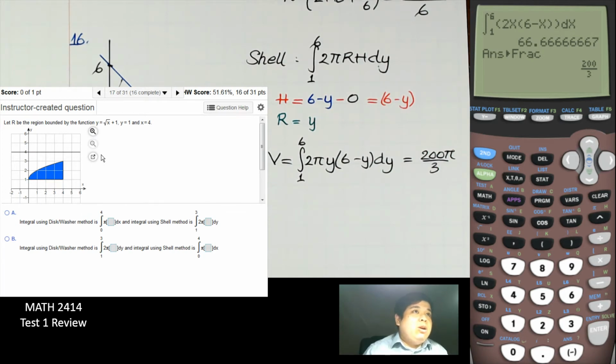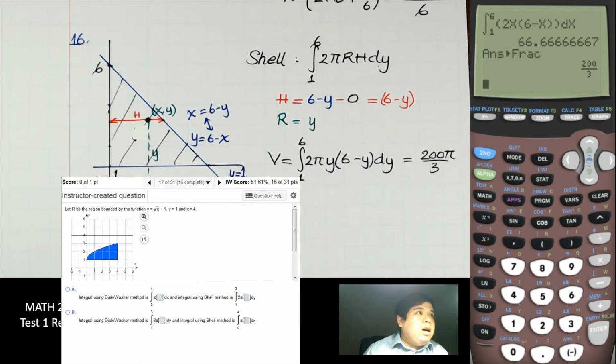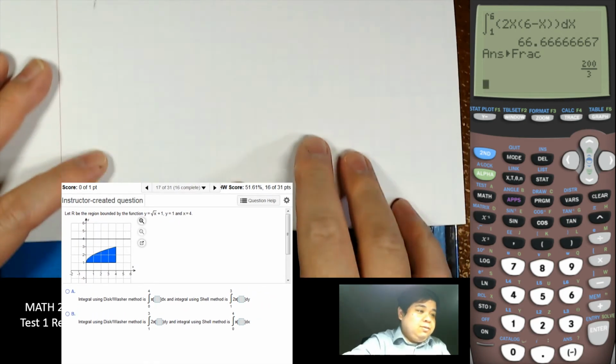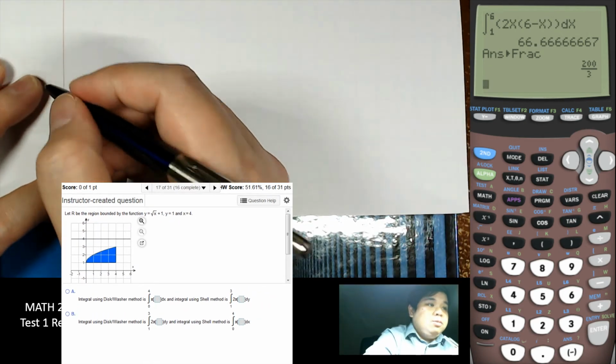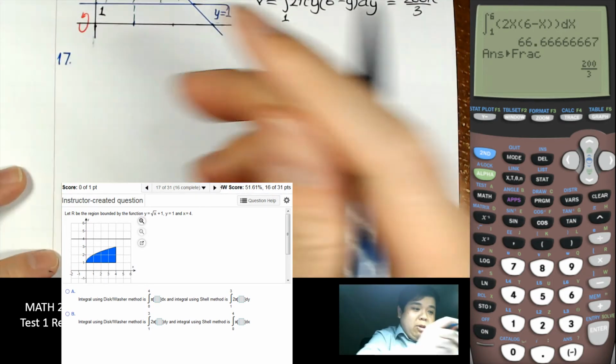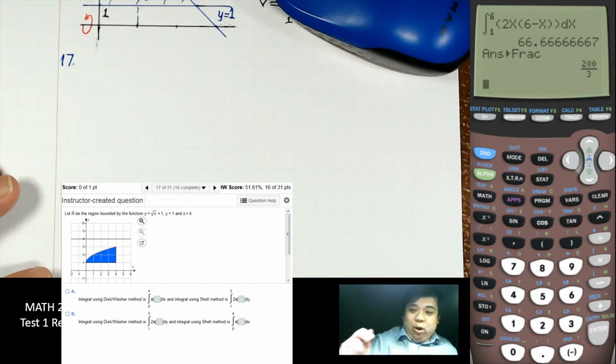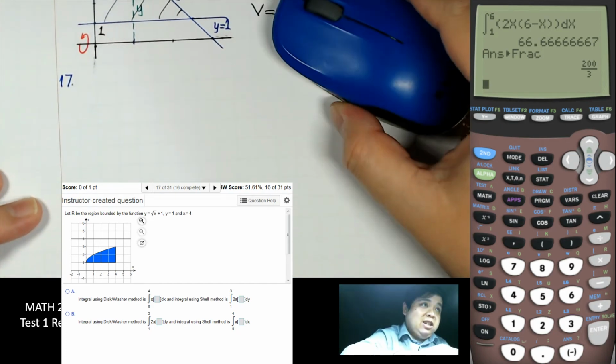Next we have that one. Alright, this is the problem I created. The problem that I created, usually there will not be the calculation.